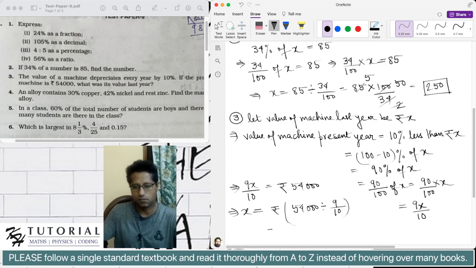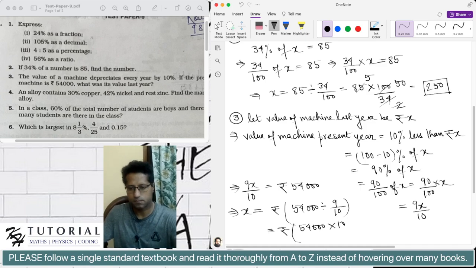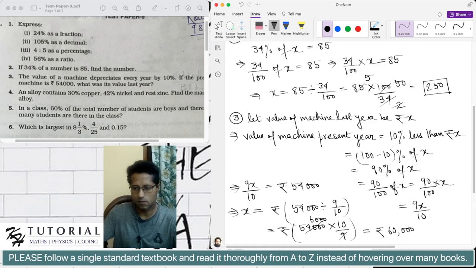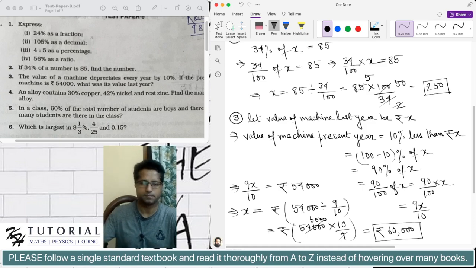This is equal to rupees 54,000 multiplied by 10 by 9. So 9 cancels 54,000 with 6,000. So this is equal to rupees 60,000. So the value of the machine last year was 60,000.